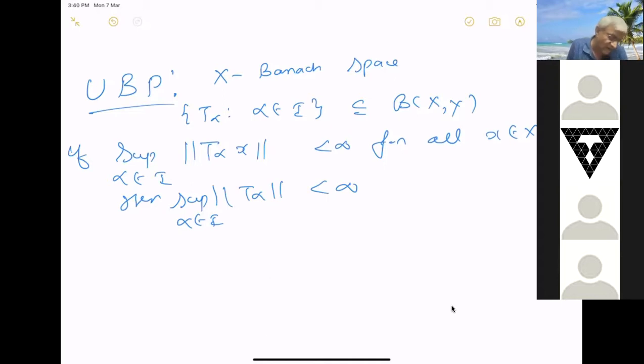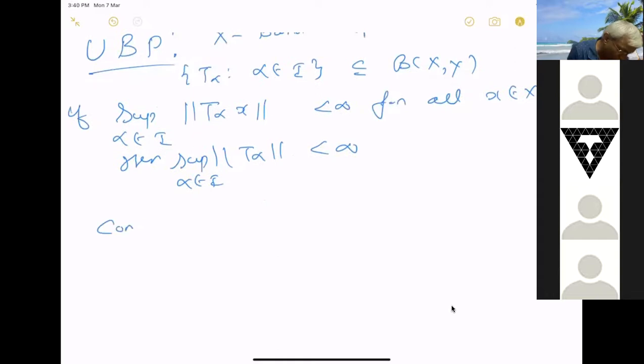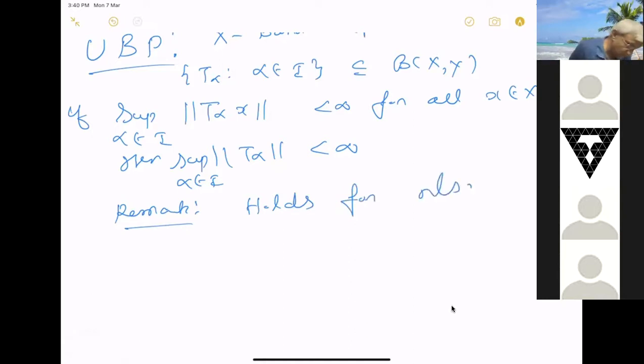But it's actually not required, because any family of linear operators can be extended to the completion with the same norm. Okay, the norm is also preserved. Anyway, that's the remark. Let me write the remark: it holds for a general non-linear space. So the converse of the theorem.